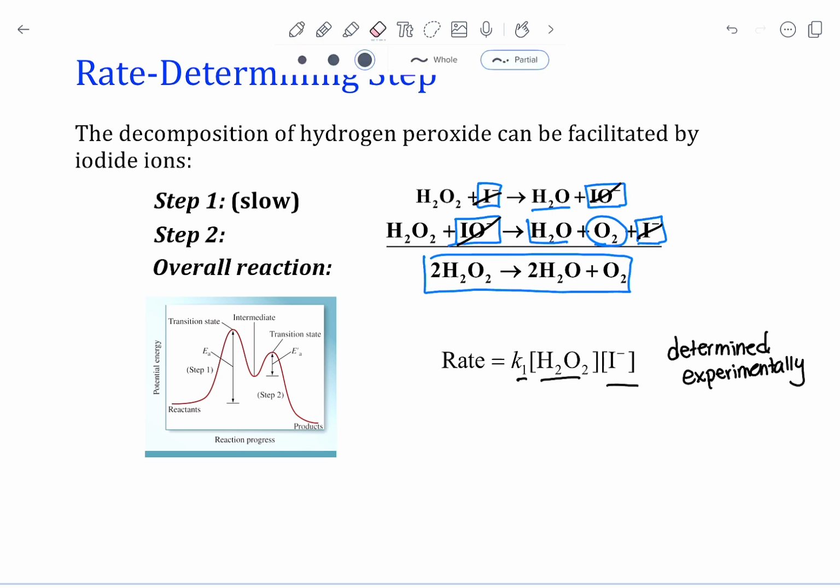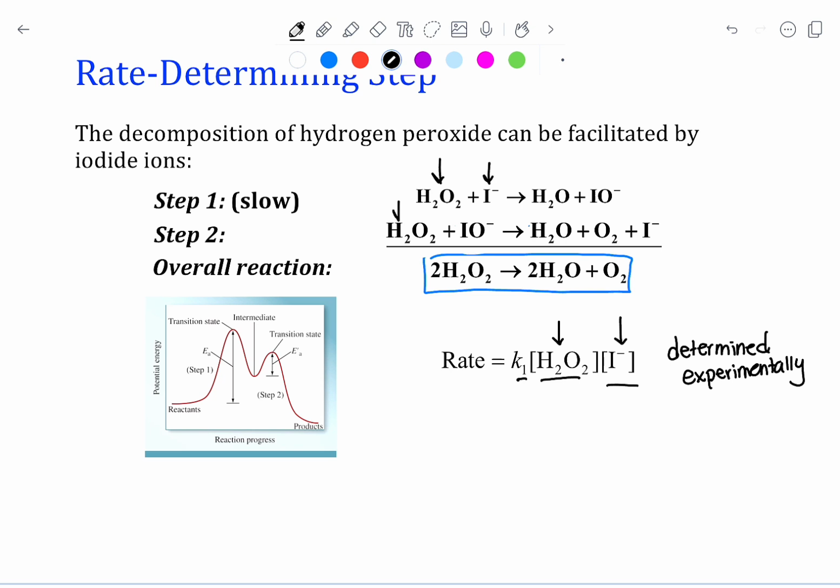So we now have to look back. I'm going to erase some of this so we can see it clearly. If we want to determine the rate determining step, we have to look at the rate law that was determined experimentally and say, which one of these steps has H2O2 as a reactant and I- as a reactant? Well, our first step has H2O2 and I- as reactants. The second one has H2O2 but does not have the I-. It has IO-, but that's not what the rate law was determined to be.